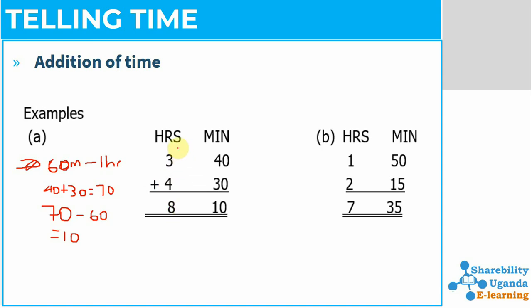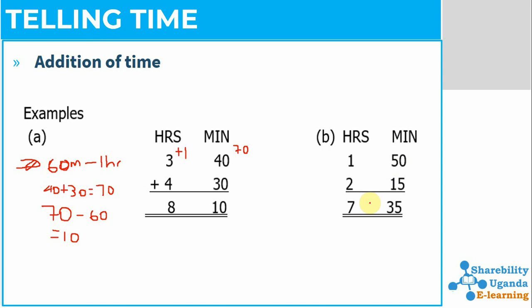So here was an addition of 1 hour, and here the addition of our minutes was making 70 minutes. So finally, this is how you can derive the right answer.